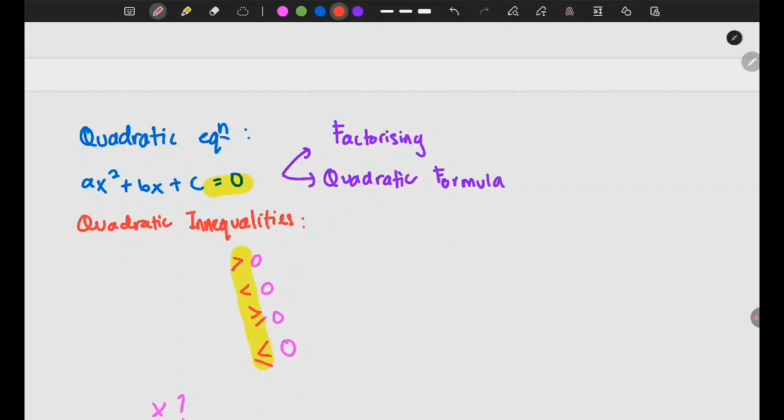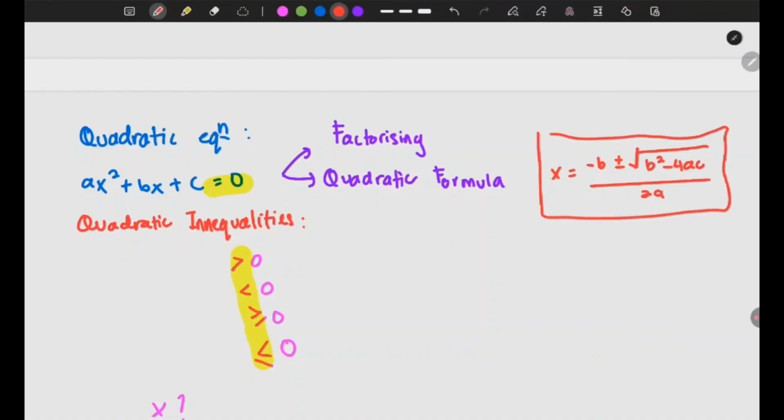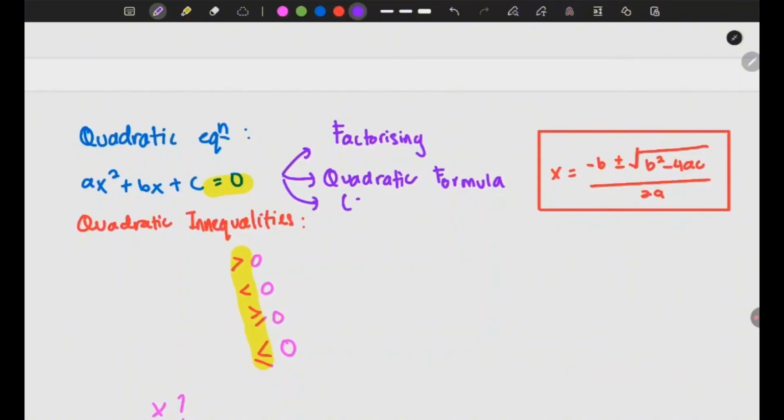So the formula goes like this: x equals to negative b plus minus square root of b squared minus 4ac over 2a. This is what the formula looks like. And also CTS, completing the square method, isn't it? Completing the square.